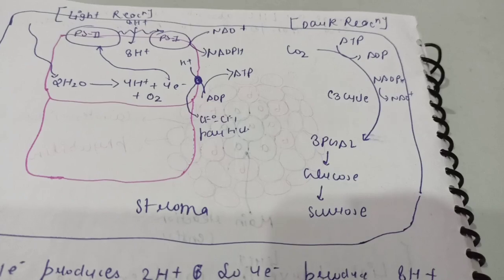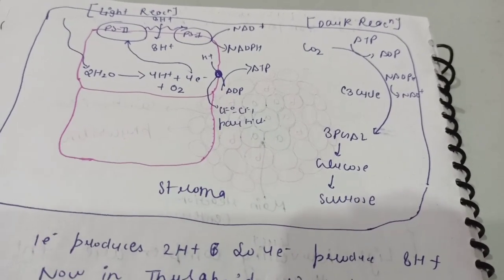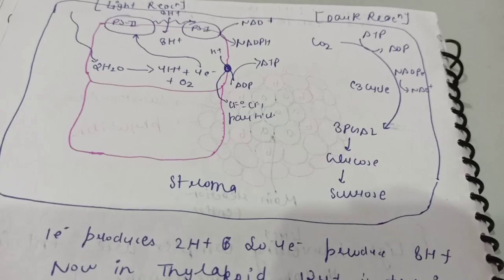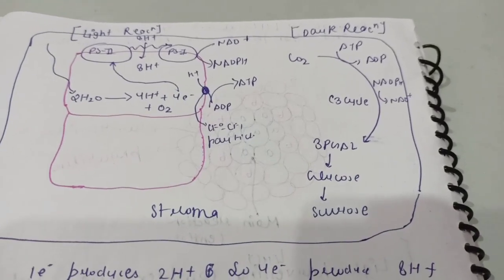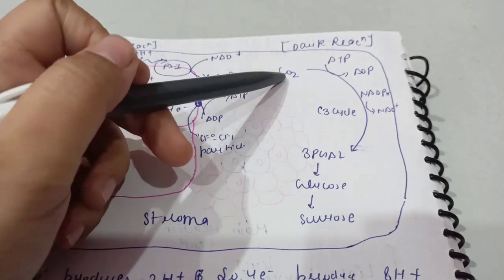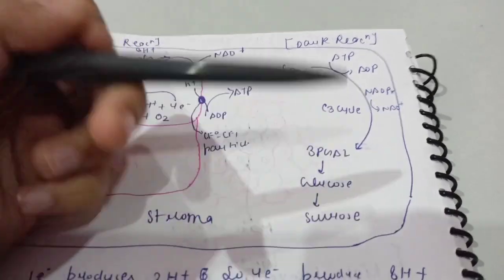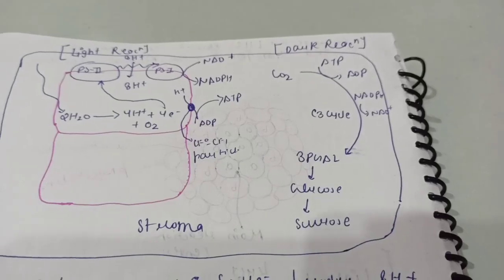Mainly it is the C3 cycle, and other than C3 there is the CAM cycle and the C4 pathways. We will discuss them also. This is the C3 cycle example in which carbon dioxide leads to the formation of 3-phosphoglyceraldehyde, which later forms glucose, and then it further forms sucrose.